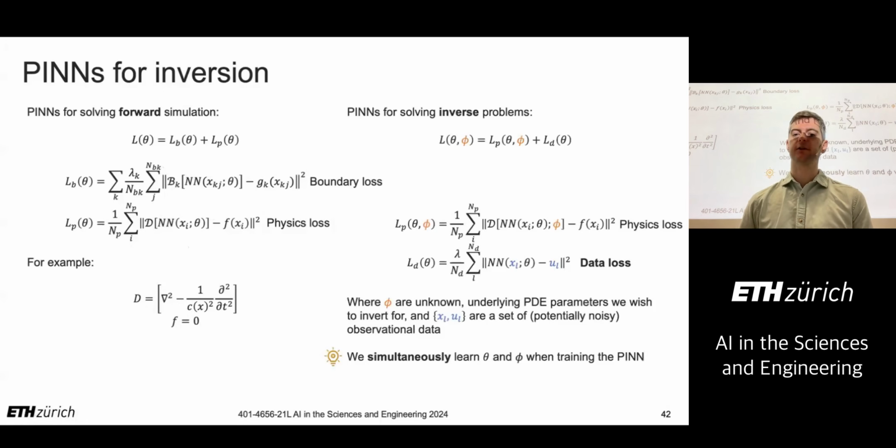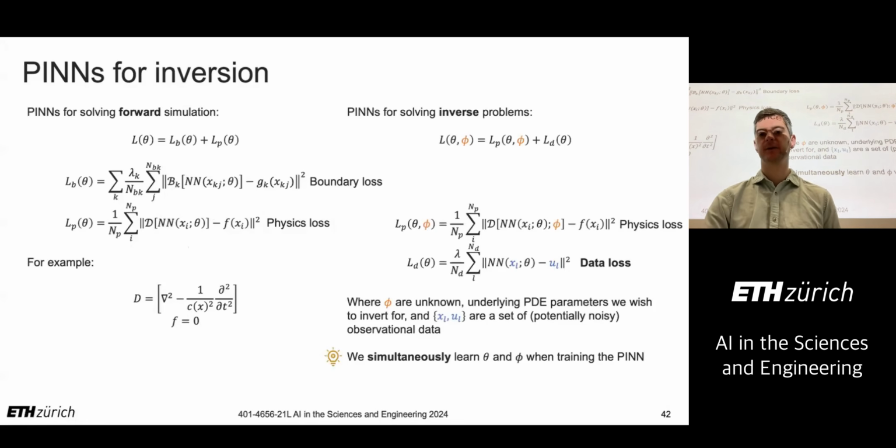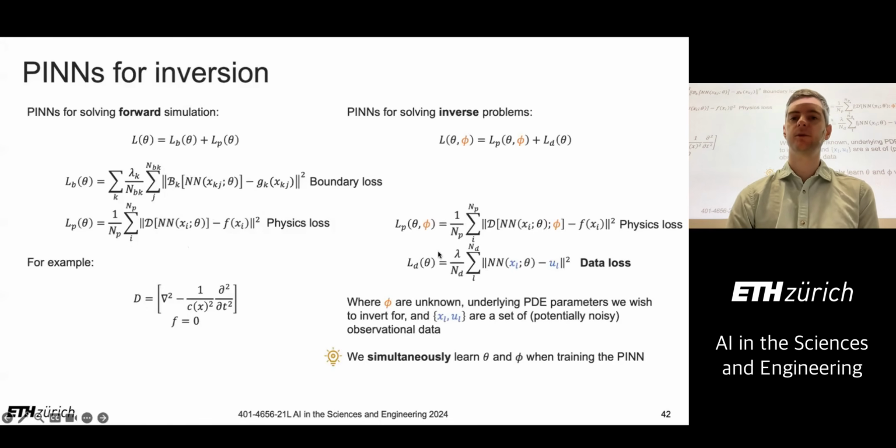Okay, so if we're going to solve the inverse problem, in general, we have access to these extra observations of the solution. And so we're going to add an extra loss term here, where we have an observation of the solution, we're going to match the neural network output to that observation. So it's an extra supervised loss that we can add to the loss function.